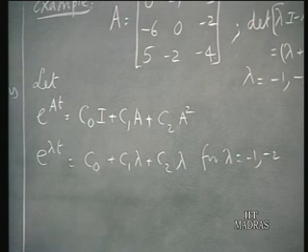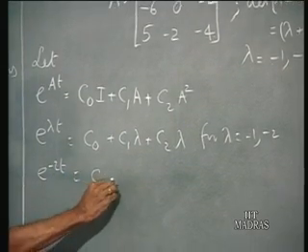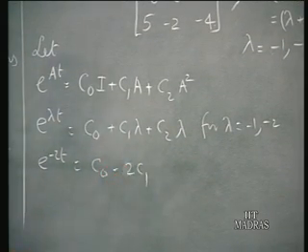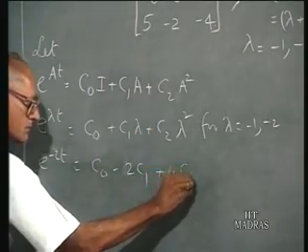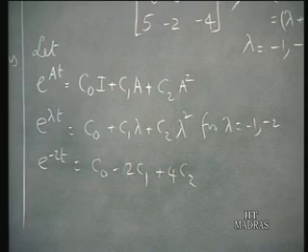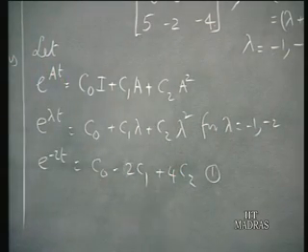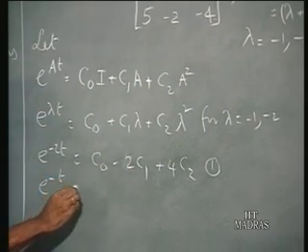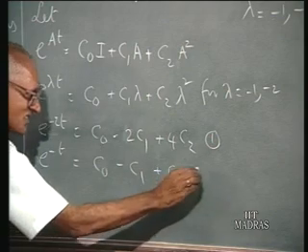So let us substitute minus 2 first. So e power minus 2t equals c0 minus 2c1 plus 4c2. That is one equation. And substituting lambda equals minus 1, e power minus t equals c0 minus c1 plus c2, that is the second equation.